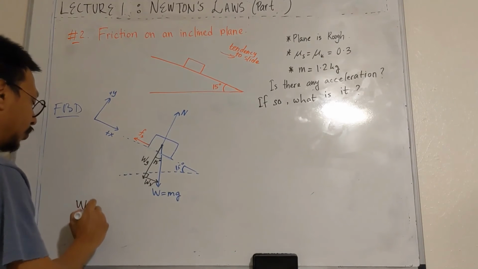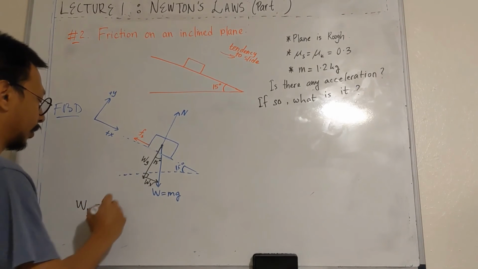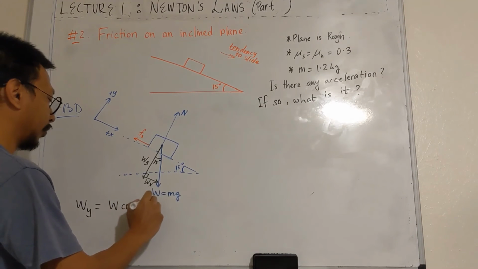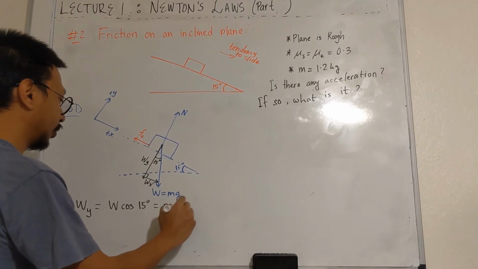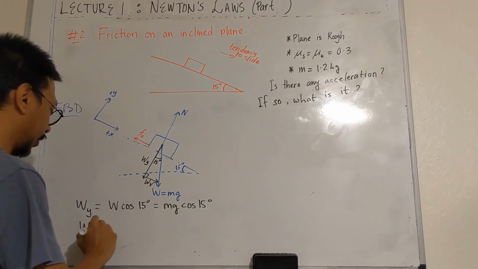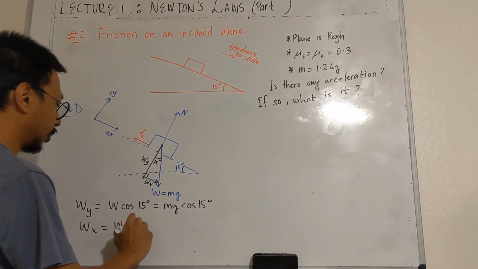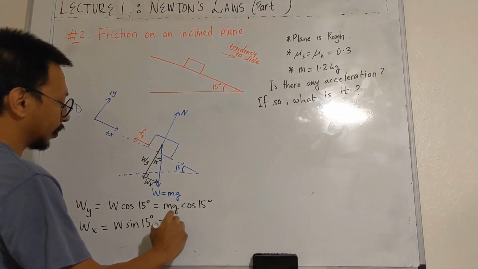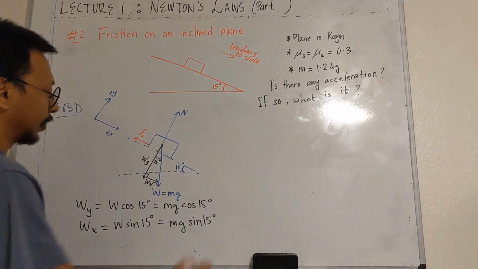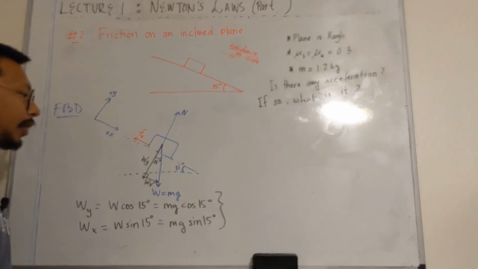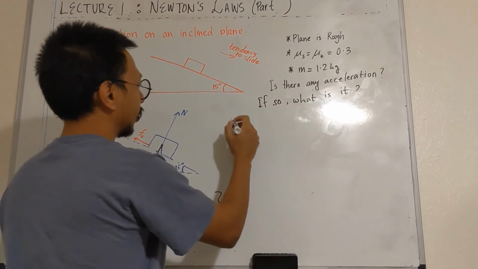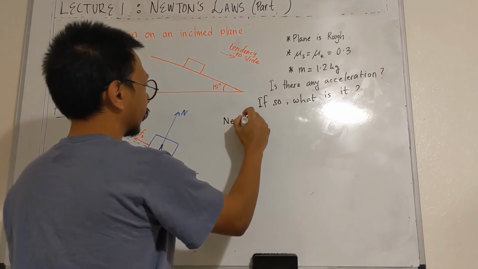So Wy is W times cosine of 15 degrees, and W is mg, and Wx is W sine 15, which is just mg sine 15. So these are the two components of weight that we need in order to write down Newton's second law equations. So now let's write down Newton's second law equations.